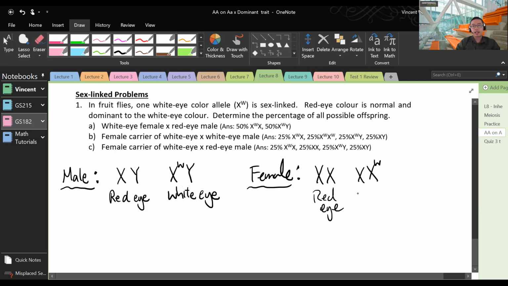Yeah, that's going to be red eye as well, because there is one normal copy, so the normal copy will override the recessive one. But this would be a carrier. We call it carrier. And then we can have X^W X^W. That's going to be a white eye.